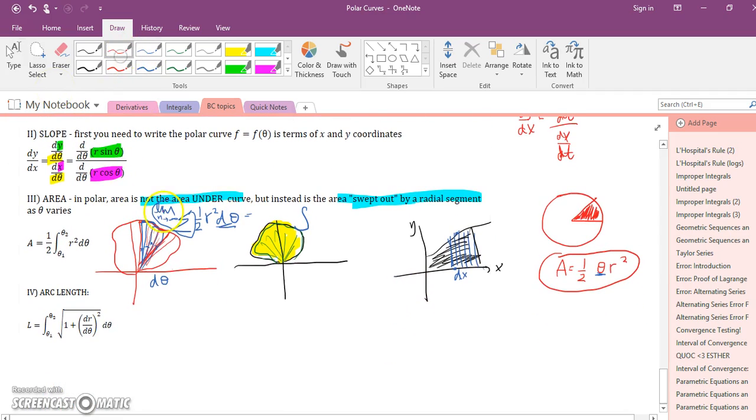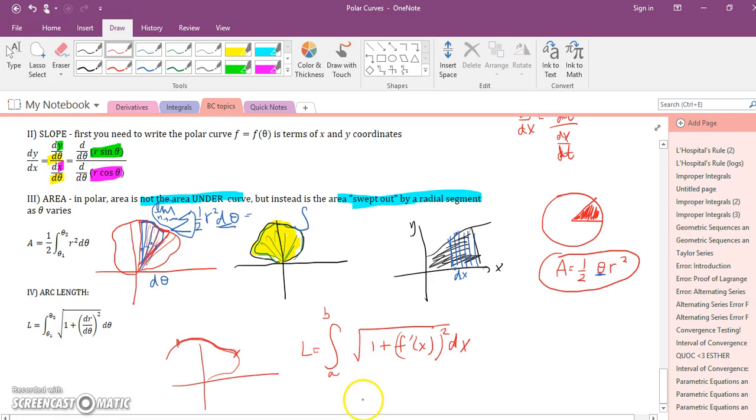Lastly, we have arc length. So if I have some kind of polar curve going around and I want to know the length of the arc, let's say from there to there, this is very similar to the arc length formula that you already know, the integral of the square root of 1 plus f prime of x squared dx.